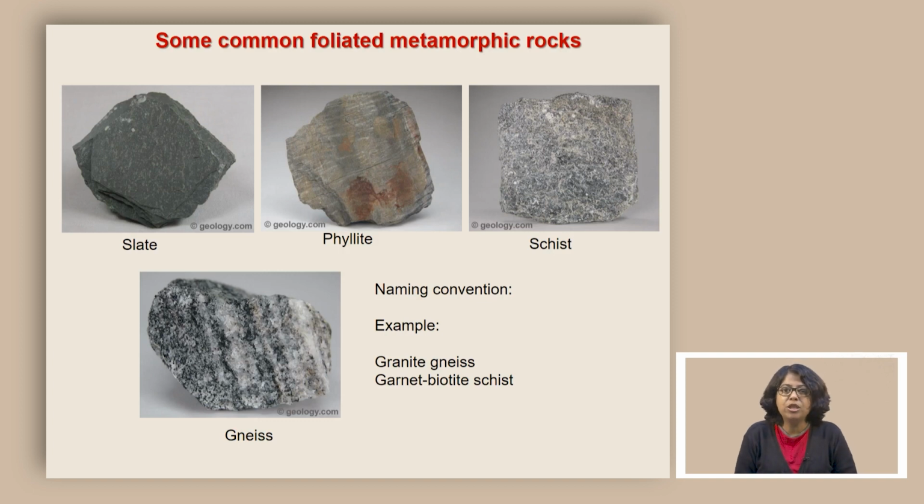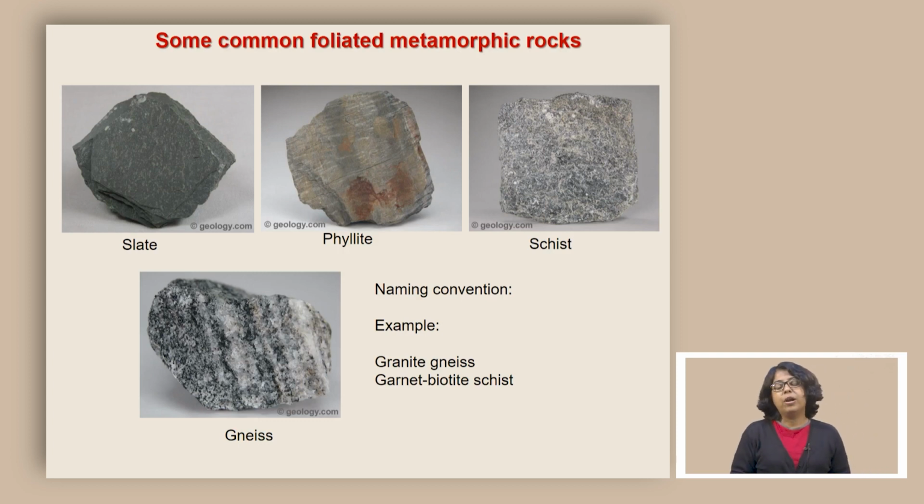When we look at schist, we actually see some separation of dark and light colored minerals, but it has a sparkly appearance. And when we come to gneiss, we actually see completely separated banding of light and dark colored minerals, and this is a typical pattern of gneissic texture.